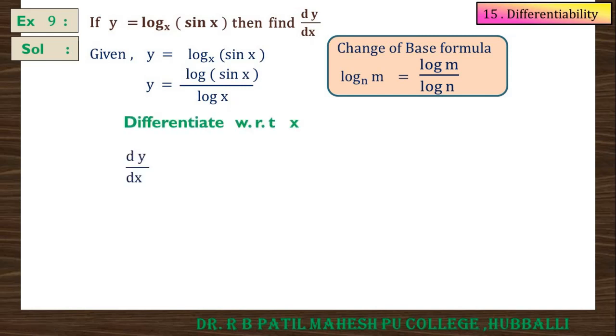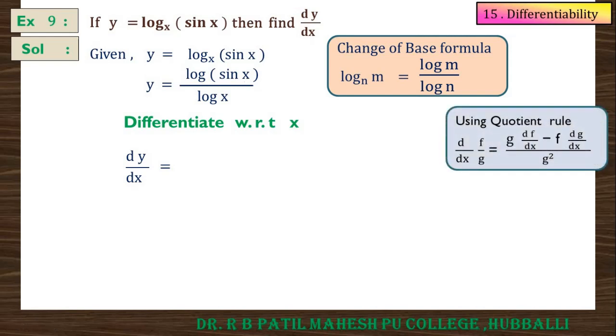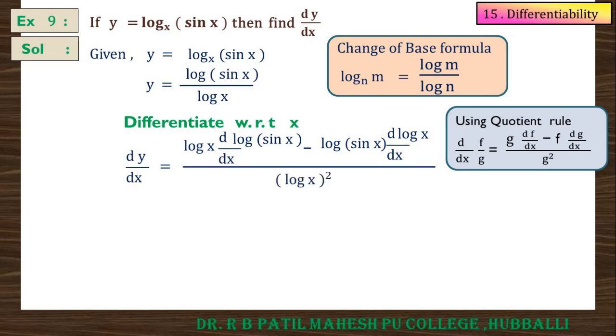I differentiate this equation now. dy by dx is equal to, now this function is in division form, a rational function. So you know the rule, the quotient rule: f upon g is g as it is, derivative of f, minus f as it is, derivative of g, then the whole divided by g square. I follow the same rule: log x, derivative of log sin x, minus log sin x as it is, derivative of log x, whole divided by log x whole square.